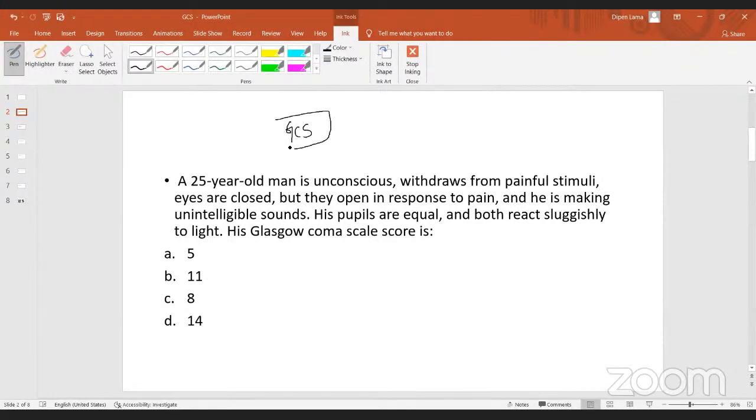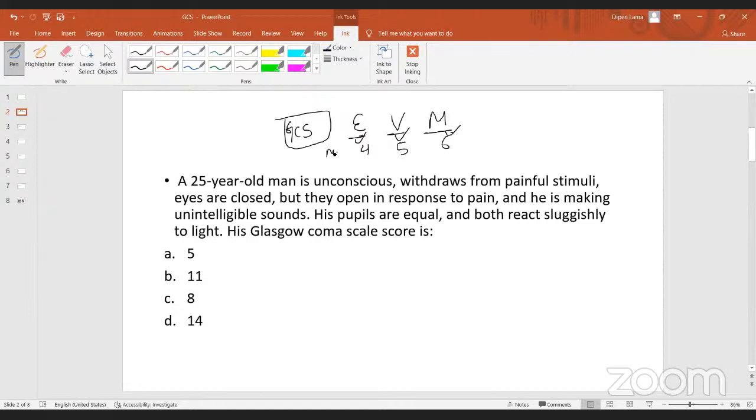GCS, Glasgow Coma Scale, has 3 components. You should know 3 components. One is E component, another is V, and M component. E stands for eye opening, V for verbal response, M for motor response. So E is 4, V is 5, M is 6.